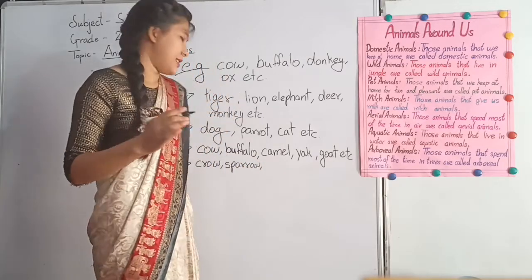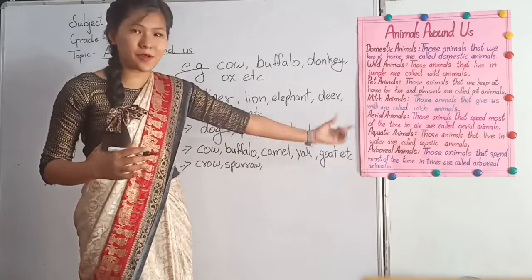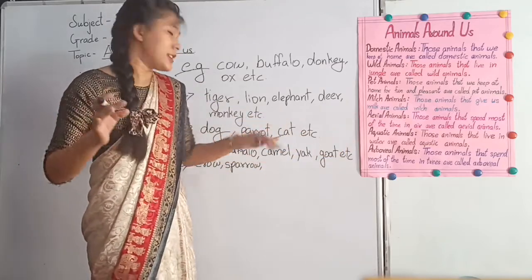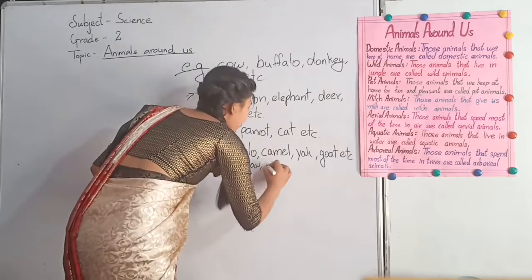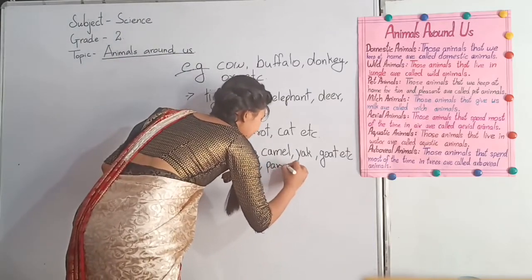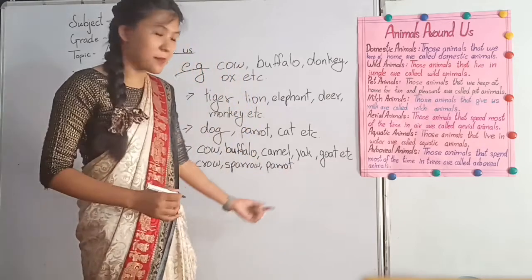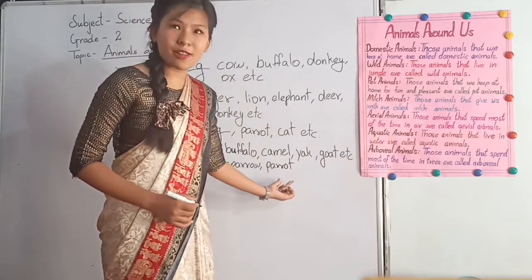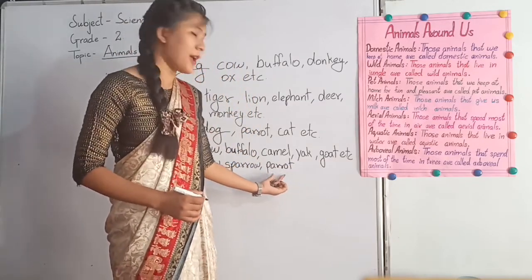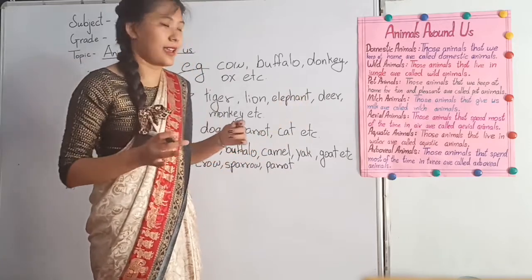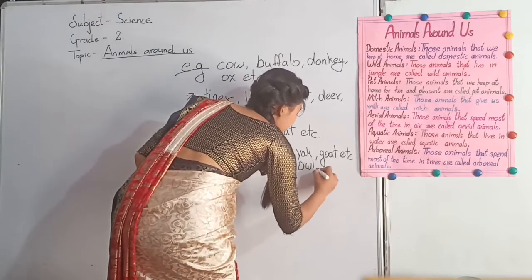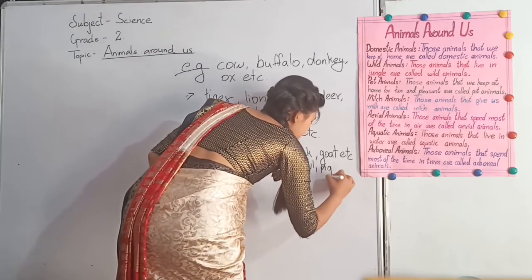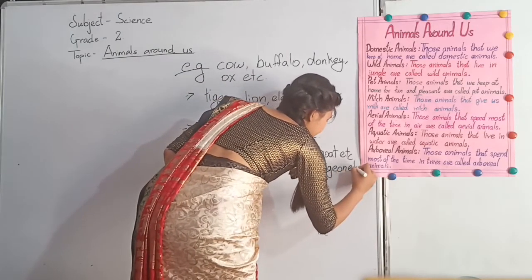Sparrow is also an aerial animal because sparrow flies in the sky. Parrot. Yes, dear students, parrot is also an aerial animal because parrot flies in the sky. Likewise, owl, pigeon, etc.